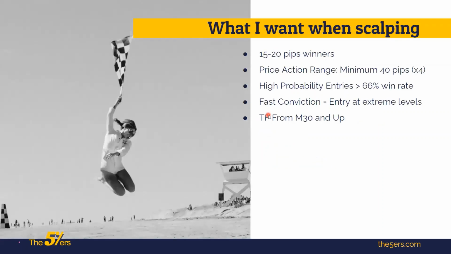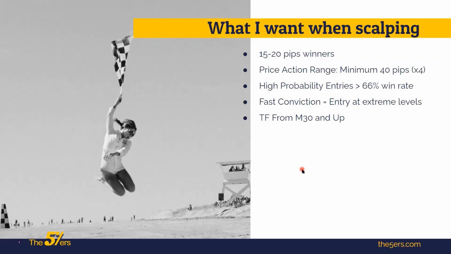So what I want in this specific trading plan, first I want to take 15 to 20 pips as winners. I don't want to have more than that. I would risk about 45 pips for taking these winners.